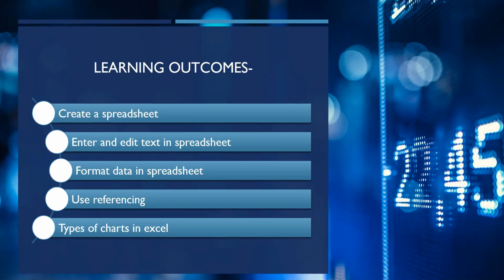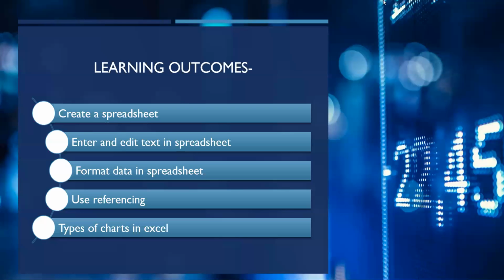Okay, and in the last, we are going to see that whenever we are done with the calculations, copying of the formula, formatting the data, etc., we have to sum up the data into some pictorial representation, that is the charts. So in this chapter, we are going to learn what are the different types of charts in Excel. Okay, so these all are the learning outcomes of this particular unit.